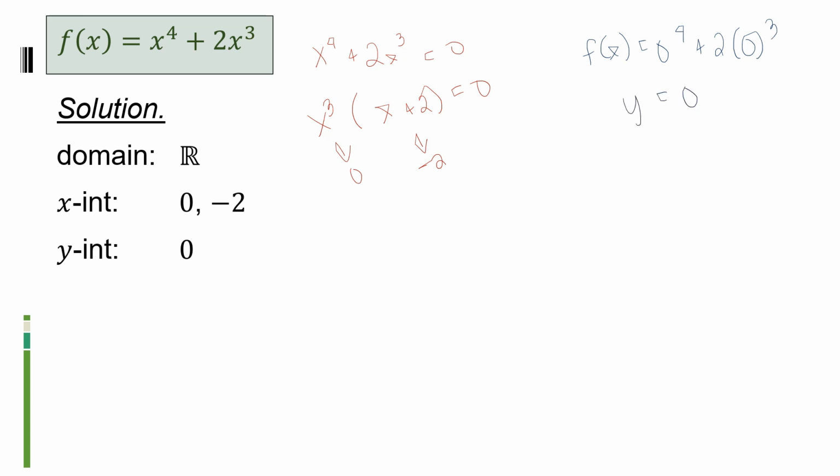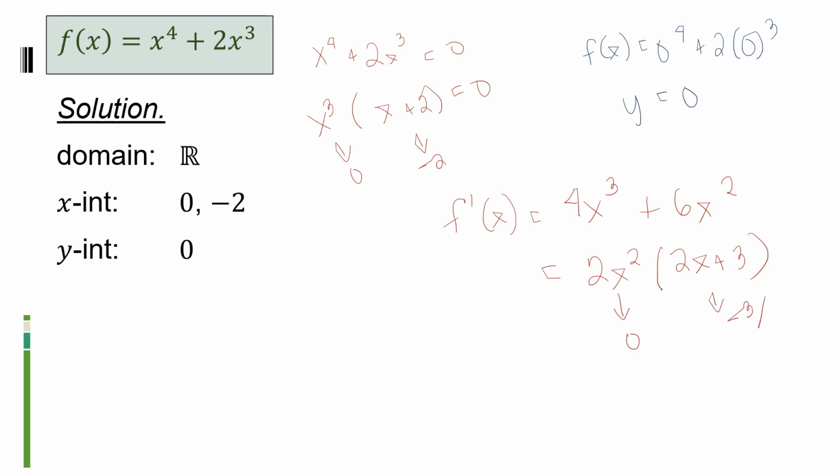Next is we determine the first derivative. So the first derivative now is equal to 4x cubed plus 6x squared, or that is just equal to 2x squared times 2x plus 3, which if we now equate this to 0, makukuha natin yung ating critical numbers na 0 at negative 3 halves.